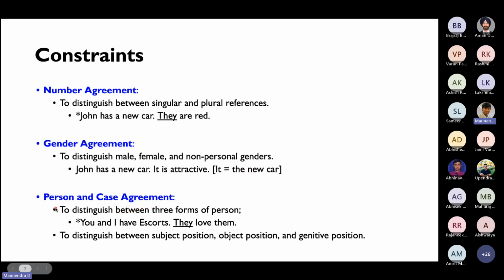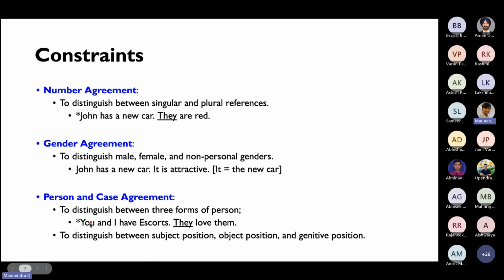Then there could be some examples of person and case agreement. So first person, second person, third person. There also you can have singular, plural, and based on that you can have some rules defined. So: you and I have escorts. They love them. Now here, the pronoun they cannot refer to you.